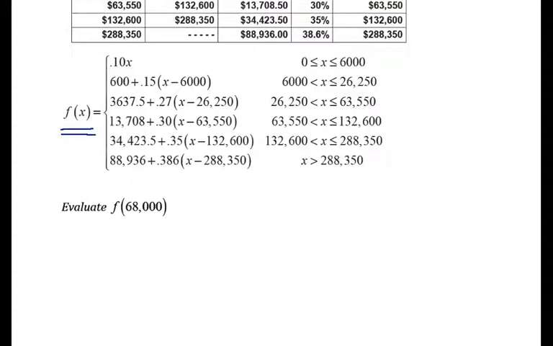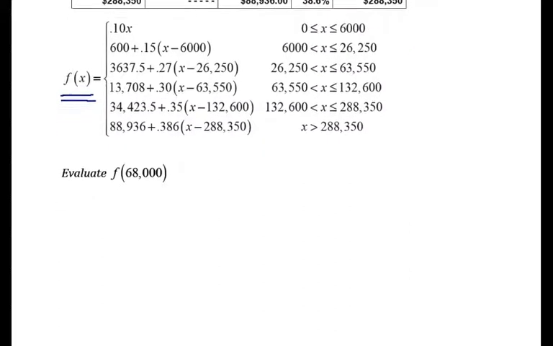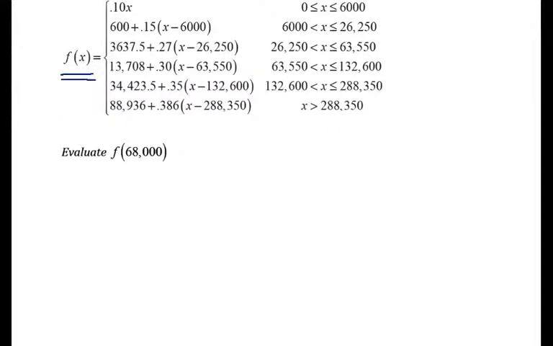So let's see how this works by calculating f of 68,000. Even if I don't know at all what this formula represents, I can see that the first step is to figure out where my 68,000 belongs in all of these bins.